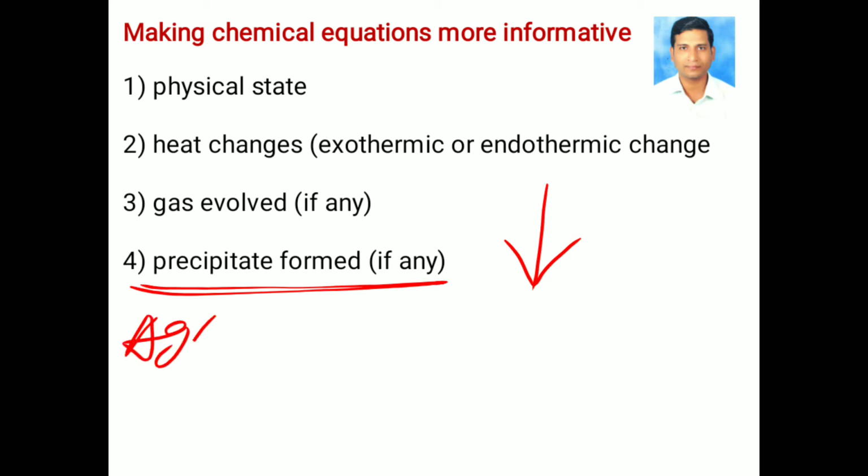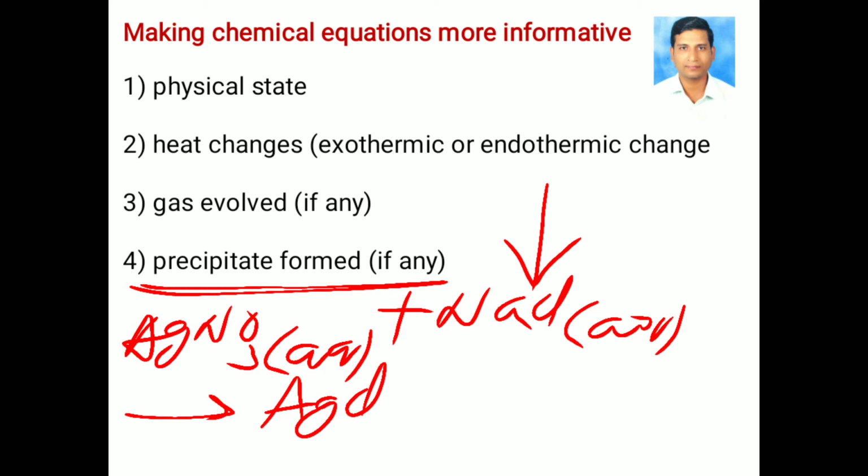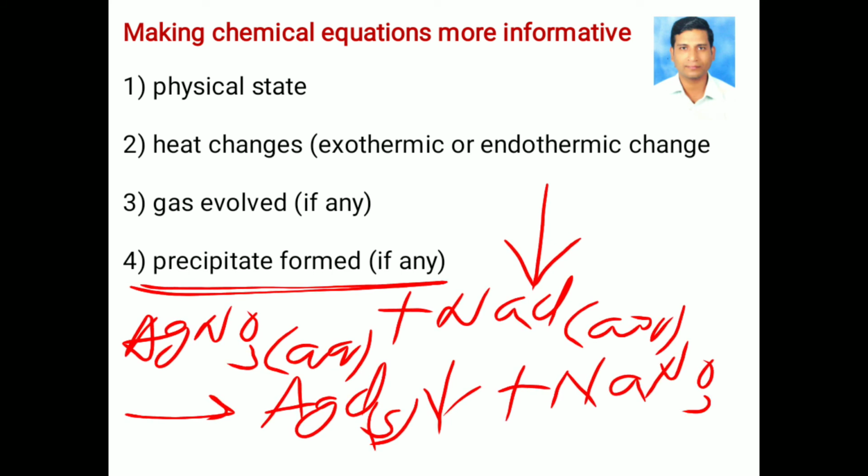Silver nitrate AgNO3, in aqueous solution, plus sodium chloride, in aqueous solution, gives rise to silver chloride, a precipitate which is formed in solid state, so we have to use a down arrow, plus we get sodium nitrate, an aqueous solution aq.